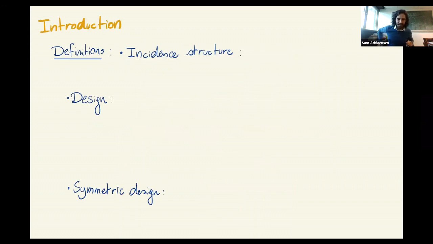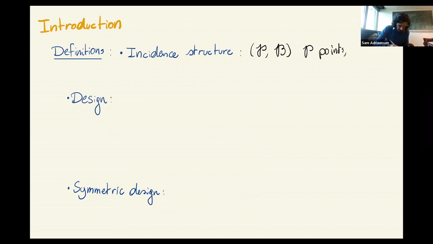So let us start with a little bit of introduction. It's a bit of graph theory and a bit of incidence geometry. So what is an incidence structure? Let us first define this. Very basic. You have a tuple, 2 sets P and B, where the elements of P are called points.